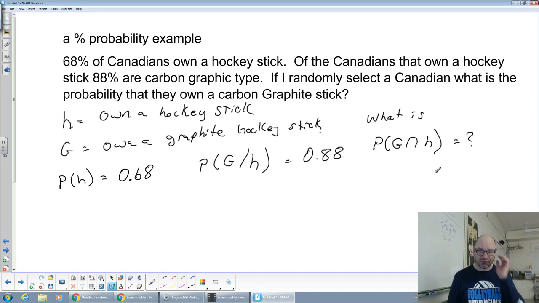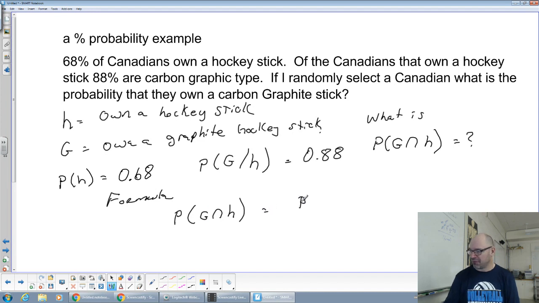Okay, so if you go back to that formula, if we want the formula written as one line, the probability of owning a graphite hockey stick, having a hockey stick and it being graphite, equals the probability of having a hockey stick first.